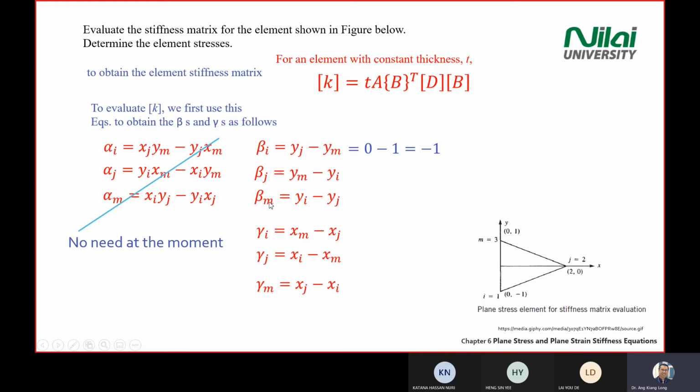Singi, you answer for beta M. Lai, you answer for gamma I. So Katana, you calculate this one. Beta J equal to what? Based on the diagram that you see on the screen here.